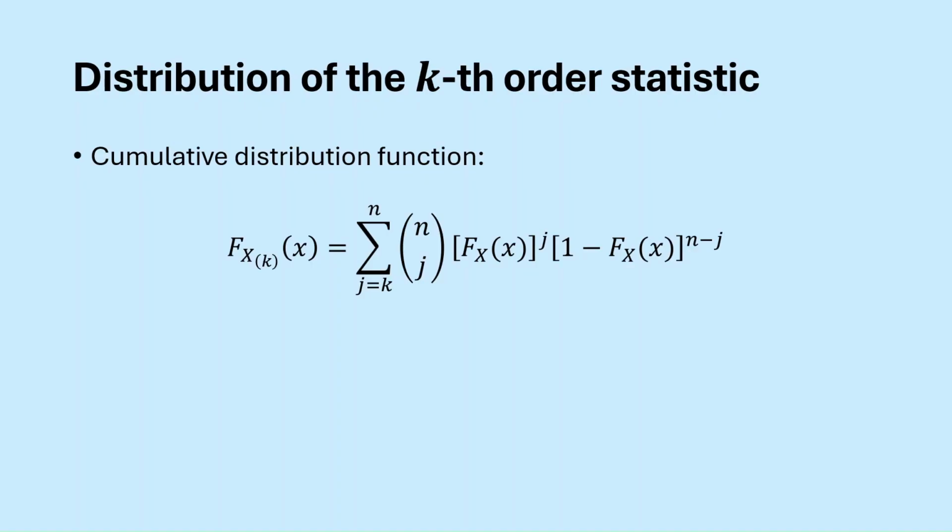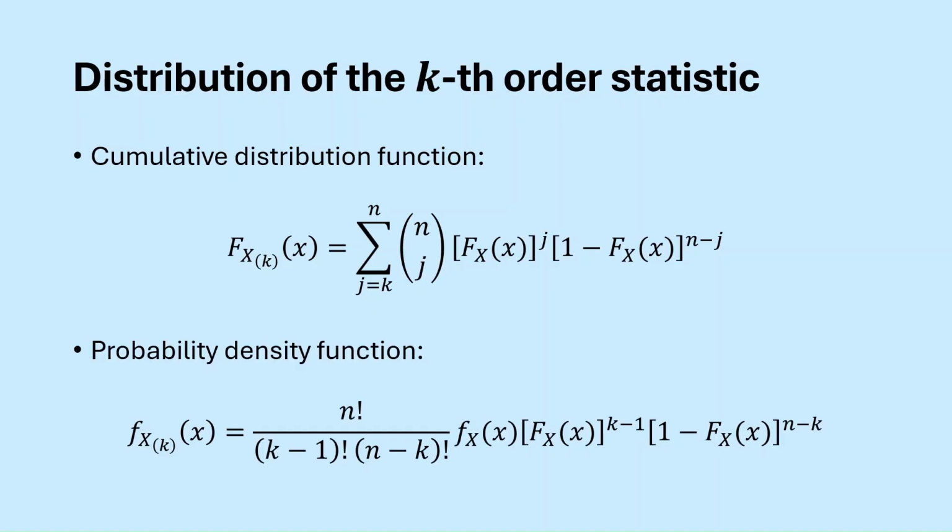The CDF of the kth order statistic is the one you can see here, and the PDF of the kth order statistic is the one you see here. In this video, we will specifically compute the PDF since that is enough to characterize the distribution.